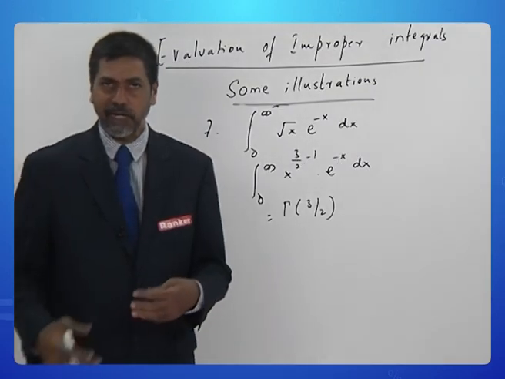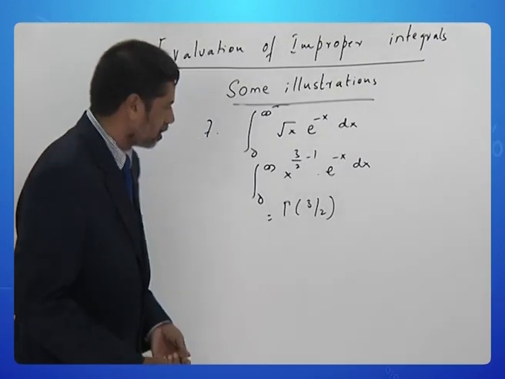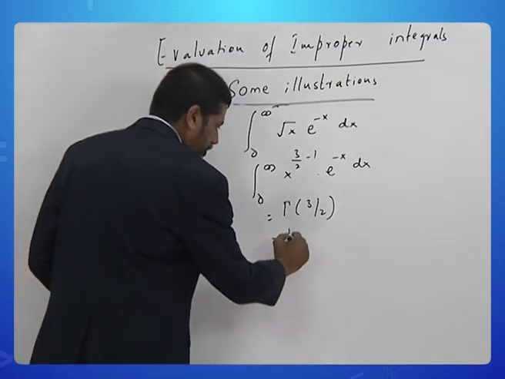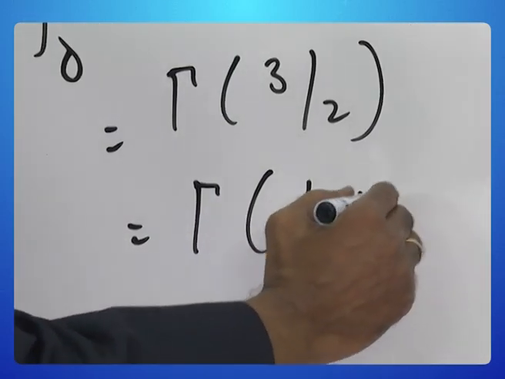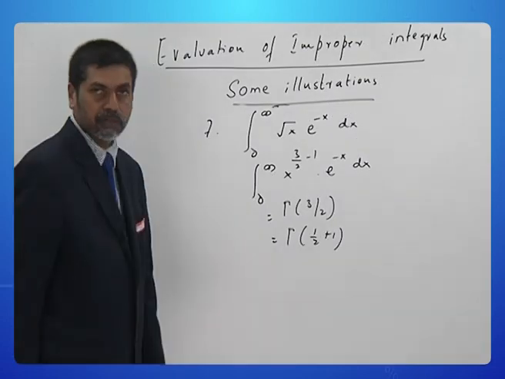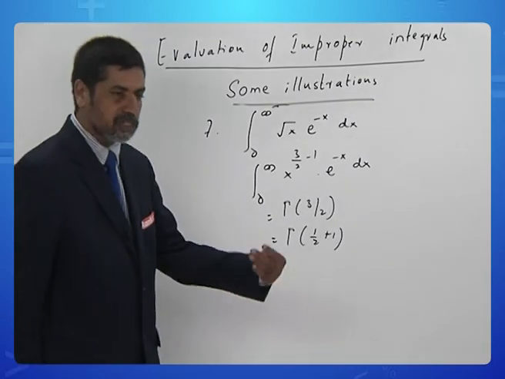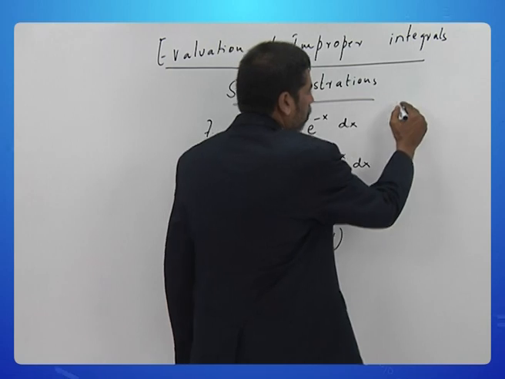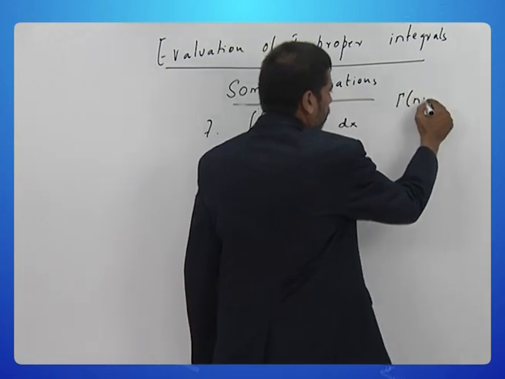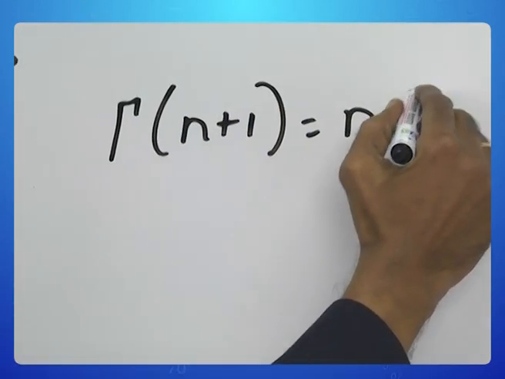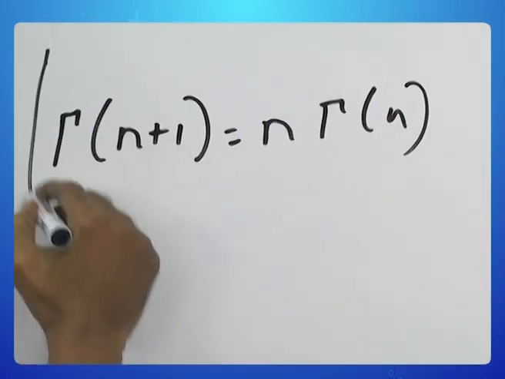Gamma 3 by 2 may be directly remembered or you can derive. If you want to derive, write this as gamma half plus 1. And you know there's a recurrence relation: gamma n plus 1 is equal to n into gamma n.